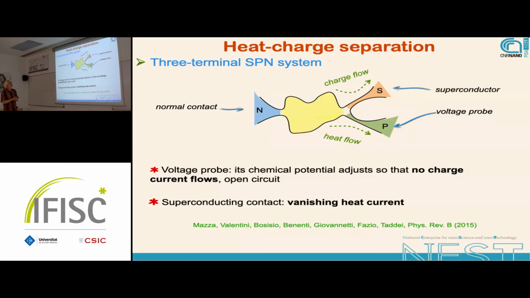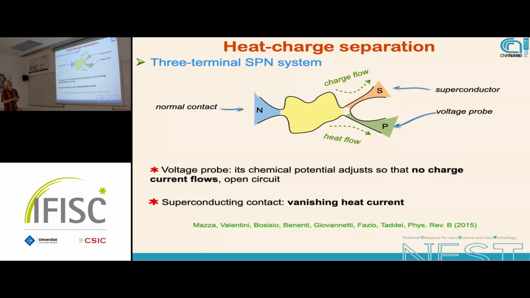Because through the superconductor, at least if voltages and temperature are smaller than the energy gap, no heat current can flow, but only charge current can flow. In the voltage probe, no charge current can flow by construction, because the voltage probe is defined as a lead where the charge current is equal to 0.